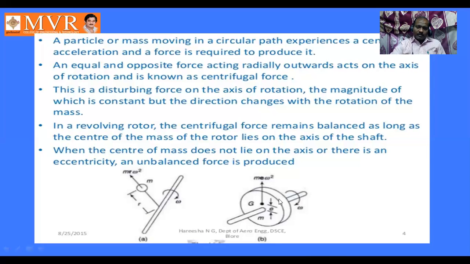The disc may be irregular, which once again may cause an unbalanced condition for this system. Irregularity has to be brought to regularity by adding masses to the disc or by adding another mass on the disc. That is another condition. Like this, a number of conditions will be present for a system.